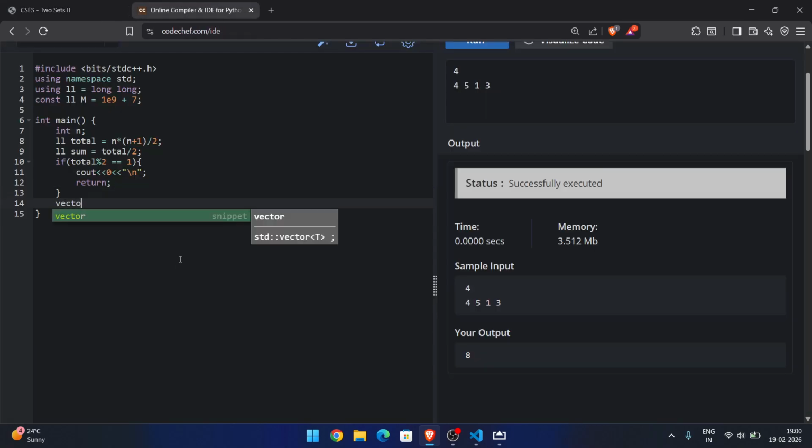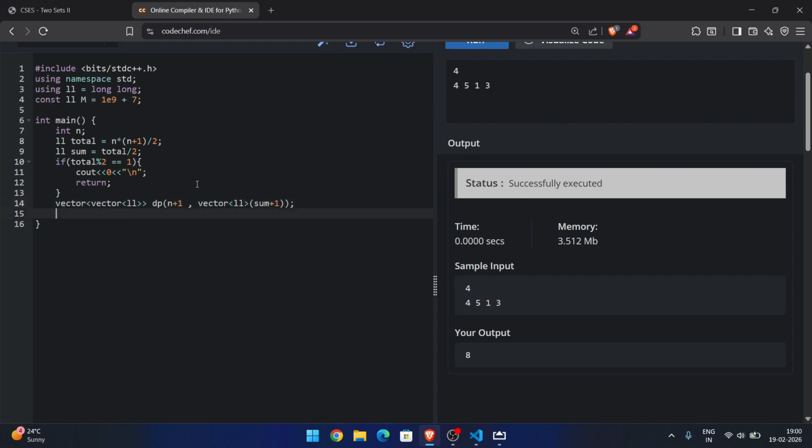Now we would require a DP. What can be the maximum? Here our maximum can be sum, because we just have to check if it's possible to make this sum or not.